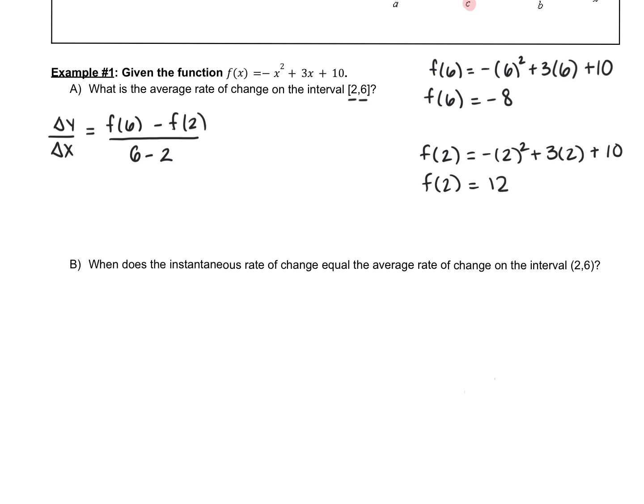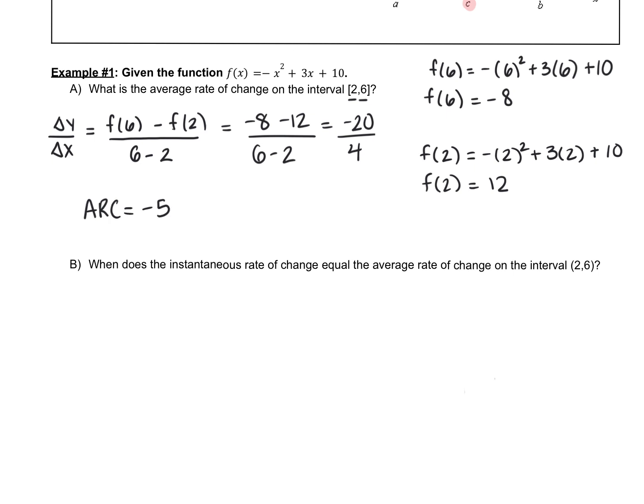And we're going to just plug in: f of 6 is negative 8 minus 12 over 6 minus 2. Negative 8 minus 12 is negative 20 over 4, which gives me an average rate of change of negative 5.